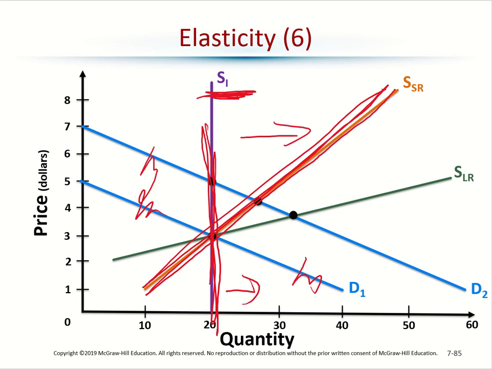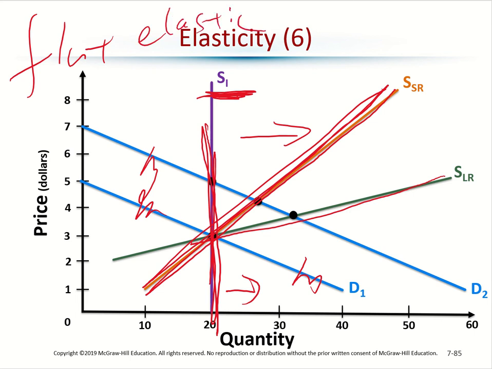But in the long run, it's more flat. So for your supply curve, the more flat the supply curve is, the more elastic the supply becomes, and the more steep the supply curve is, the more inelastic the supply is.